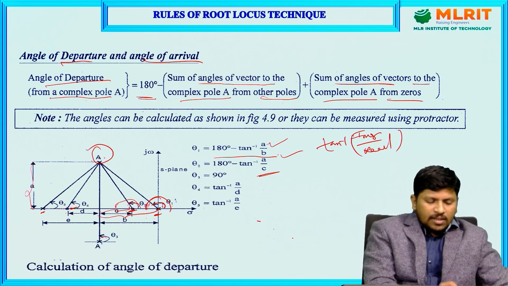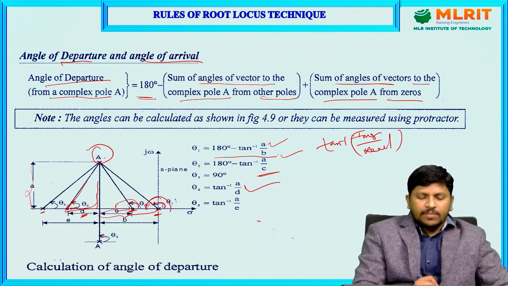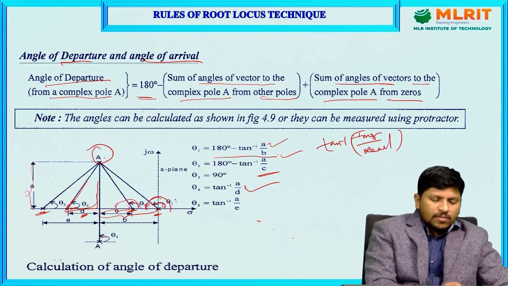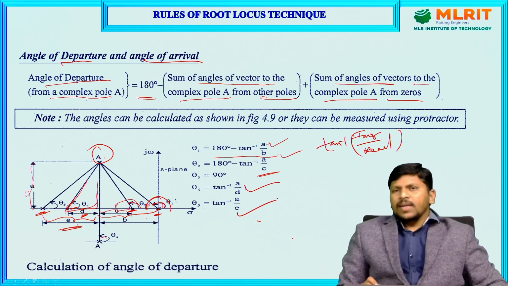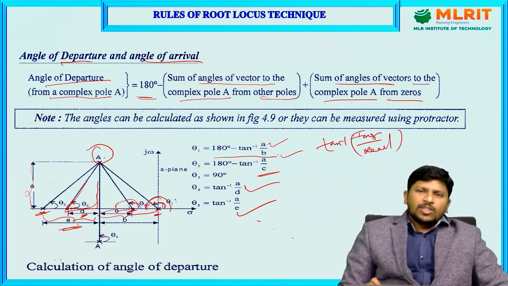So directly take the protractor, or else consider this one. Tan inverse of d is real, a is imaginary. So a by d. Theta 5 from here to here e, and here a by e, tan inverse of imaginary part by real part.